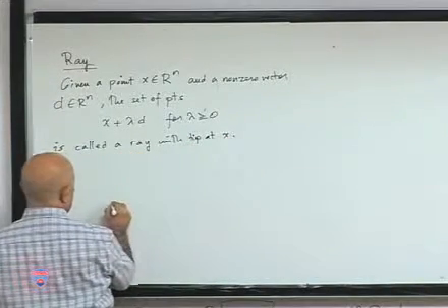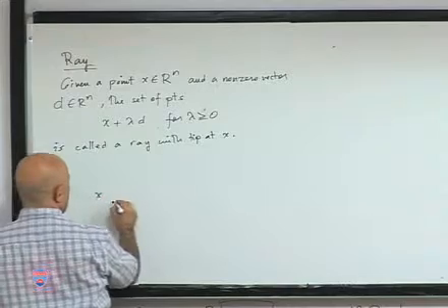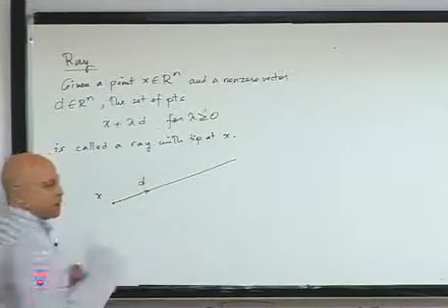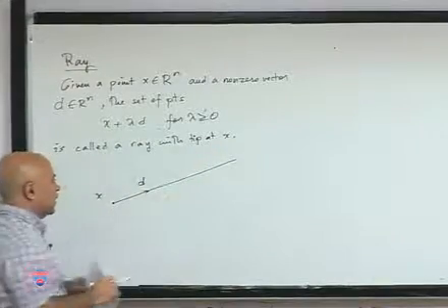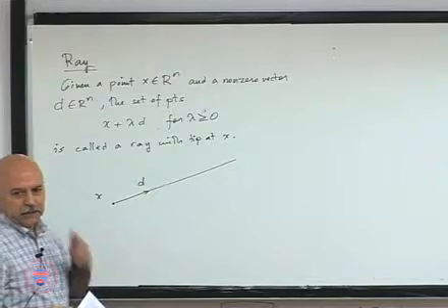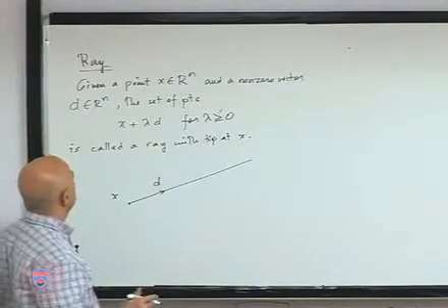So, if x is here, then d points this way. Any non-negative multiple added to x will generate a half line like that. Okay? Half line or ray.